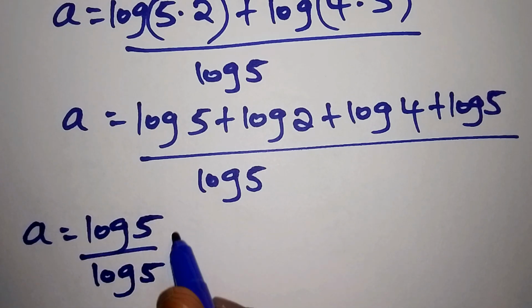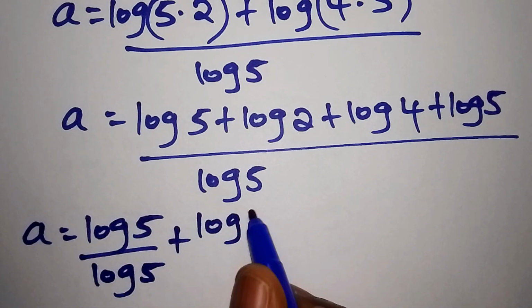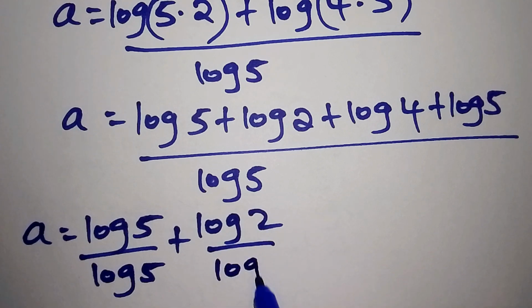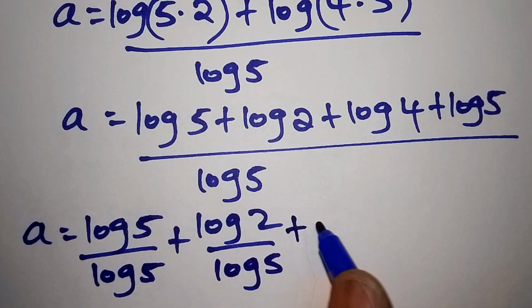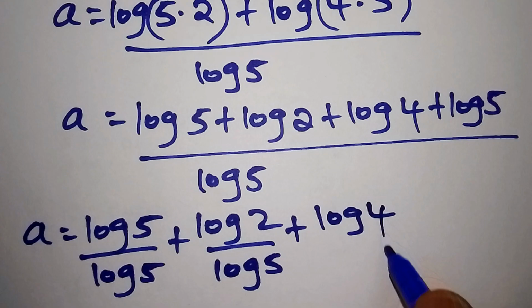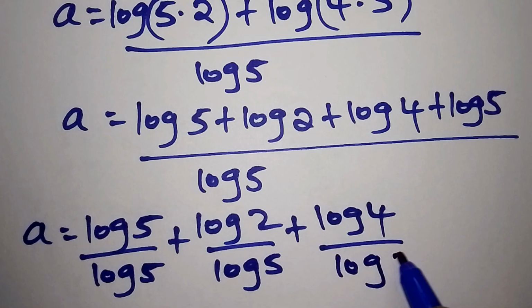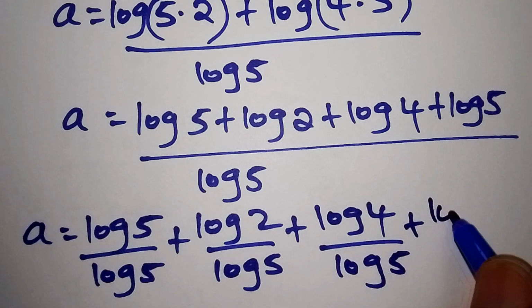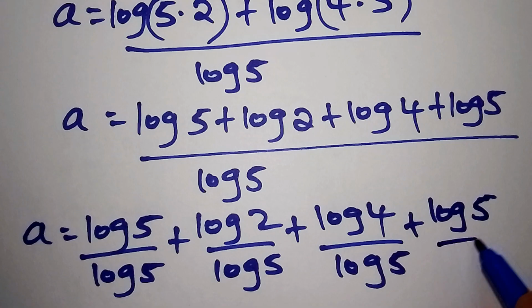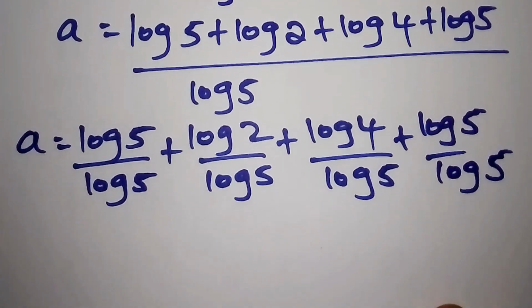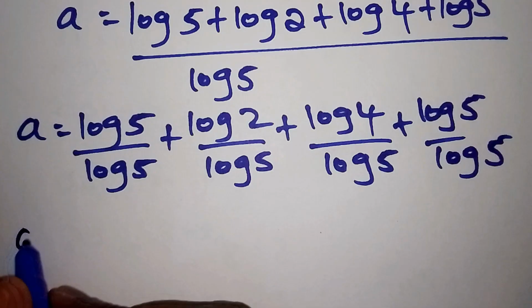We now divide each term by the log of 5, so a is equal to log 5 over log 5, plus log 2 over log 5, plus log 4 over log 5, plus log 5 over log 5.